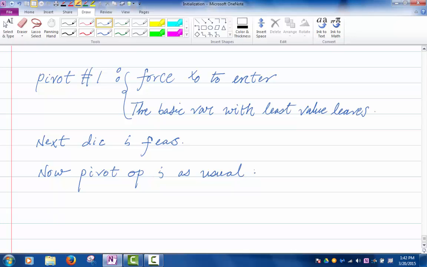What I'm saying is once you pick the leaving variable, then you're going to rewrite the dictionary, right? And then what do you do to rewrite?